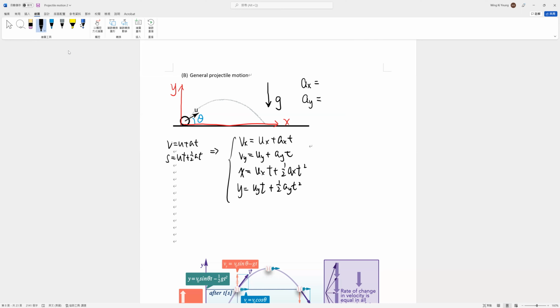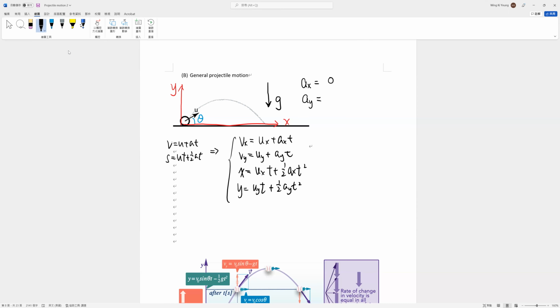It should be 0, because the acceleration is vertical. Then it has no horizontal component. So it's 0.